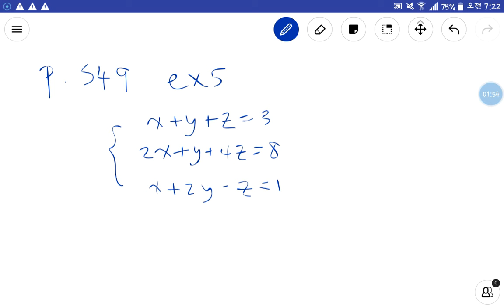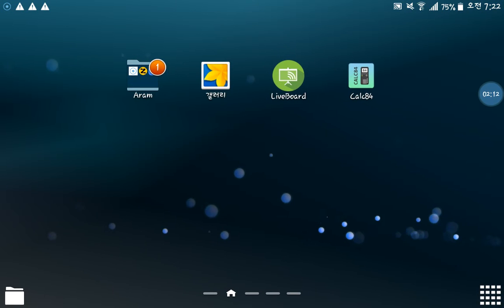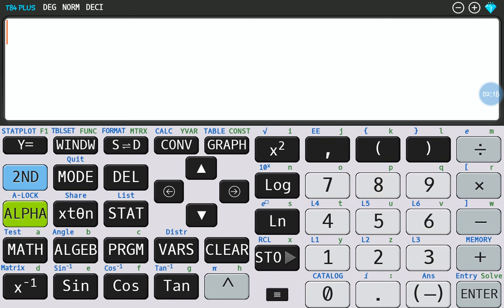When you look at figure 7.15, there is a tool to find the reduced row echelon form for the question. I tried my calculator, but I found that it's only offered in the premium version.